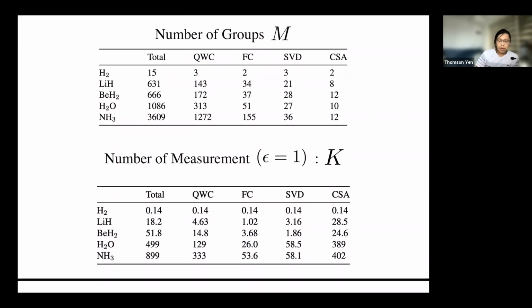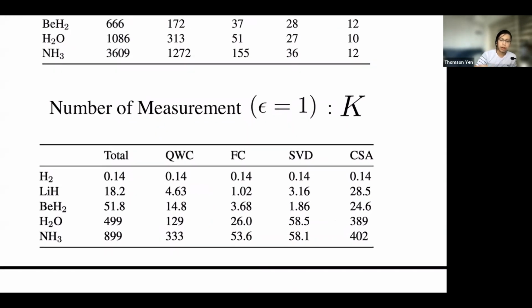What's interesting is when we look at the number of measurements you need, so the equation that cares about the variance of the fragments, we saw the first three columns are, as expected, decreasing from the most naive one to fully commuting.